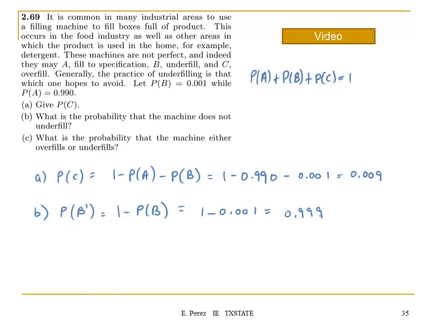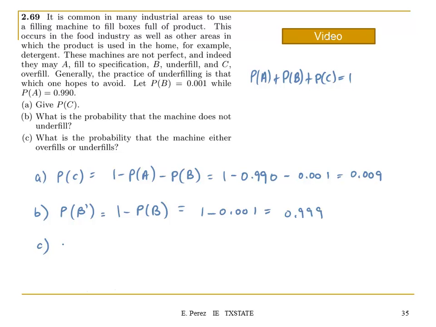Part C. What is the probability that the machine either overfills or underfills? Once you see the word "or", that means that's a union of events.